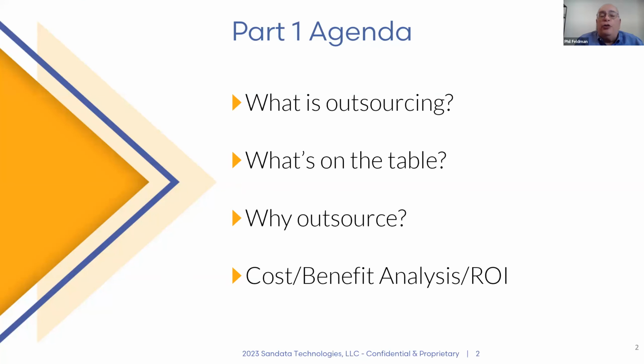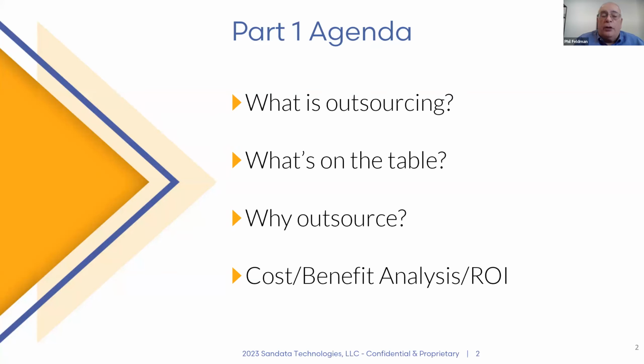Just to recap the 2 previous episodes, part 1 was an overview. We talked about what actually is outsourcing, what are the areas of your revenue cycle that typically you can outsource and it would make sense to outsource. Why would you want to outsource?